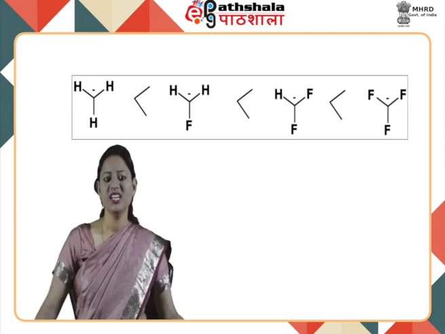As you can see, CH3 minus is least stable as it has 3 hydrogens attached to the carbon, whereas if the hydrogens are replaced by fluorine atoms successively, the trifluoromethyl carbanion is the most stable as it has 3 fluorine groups attached to the carbon which are electronegative.